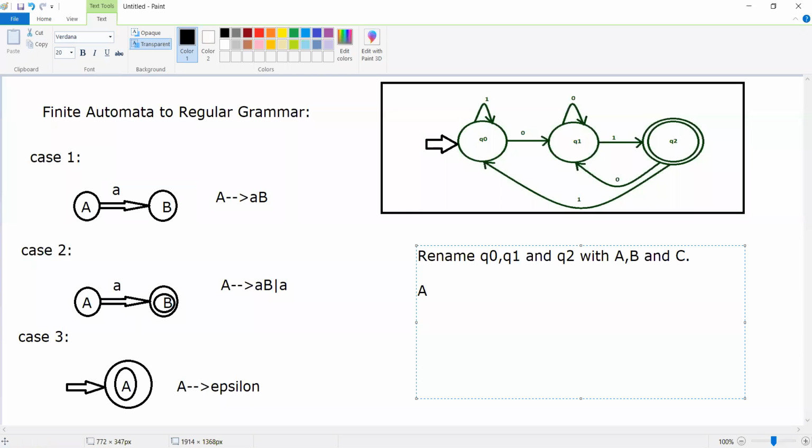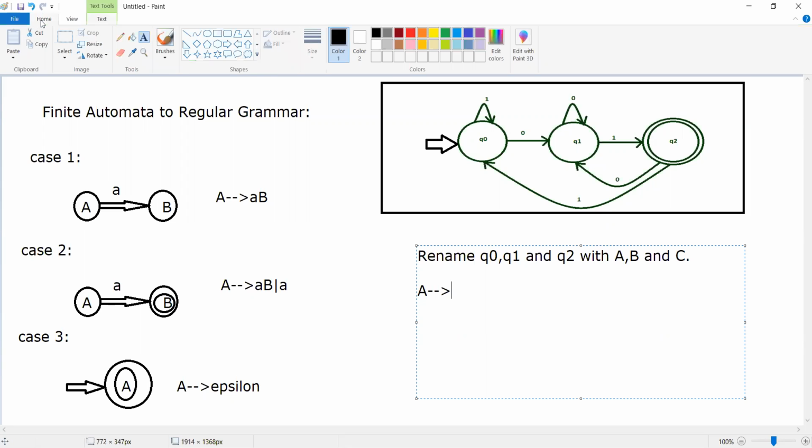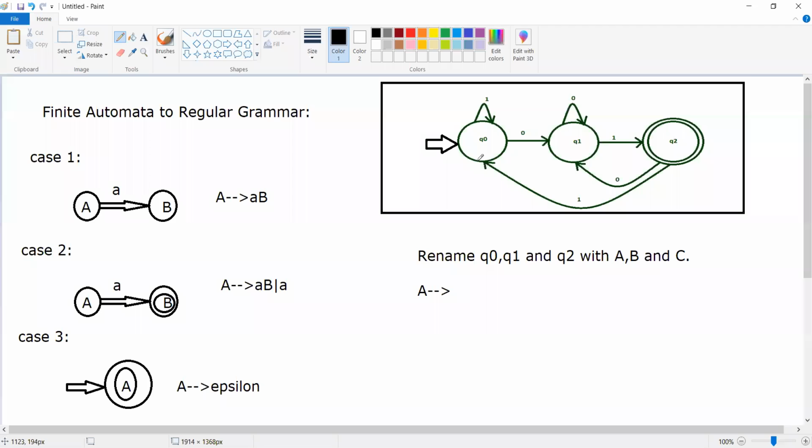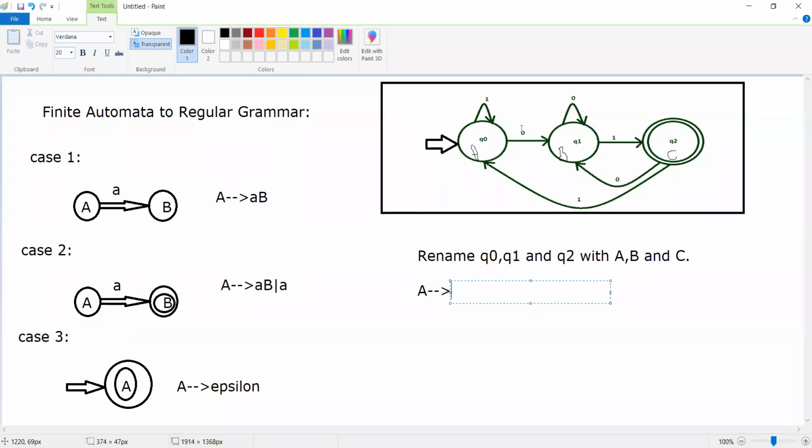Now I am going to specify the transitions for capital A, which is nothing but Q naught. So we are considering Q naught as capital A, Q1 as capital B, and Q2 as capital C. Now we need to write the A transitions.